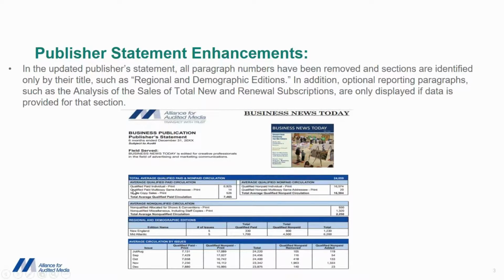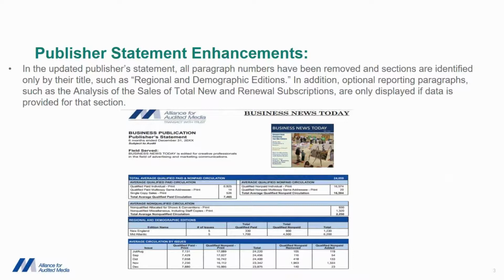The reason we removed these paragraph references, such as paragraph 1, paragraph 2, paragraph 3, is to get rid of the optional reporting paragraphs that you're not reporting any distribution in. There are quite a few paragraphs in the business and farm statements that have optional reporting, and in the past, that paragraph, such as the analysis for total new and renewal subscriptions, would say optional reporting, not reporting, so no distribution was being displayed.